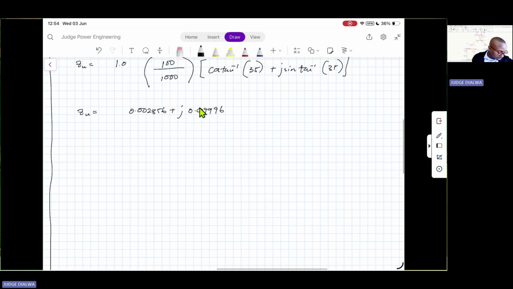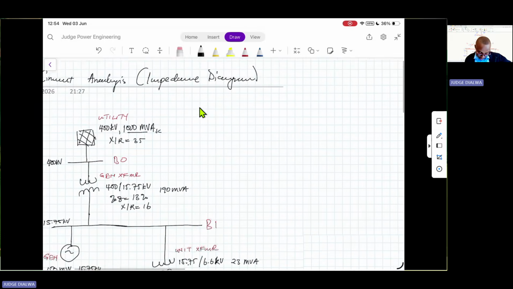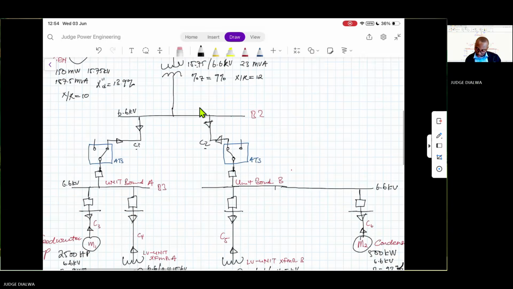Moving on to our second equipment, that would be the generator transformer. So the impedance of a generator transformer will be the old impedance. We have an impedance of 13%, an old MVA of 190 MVA, and an X over R ratio of 16.